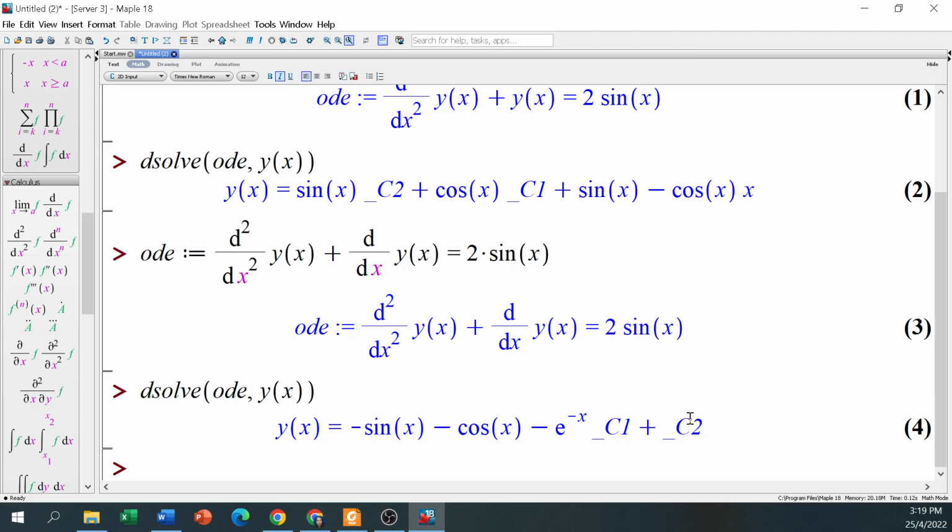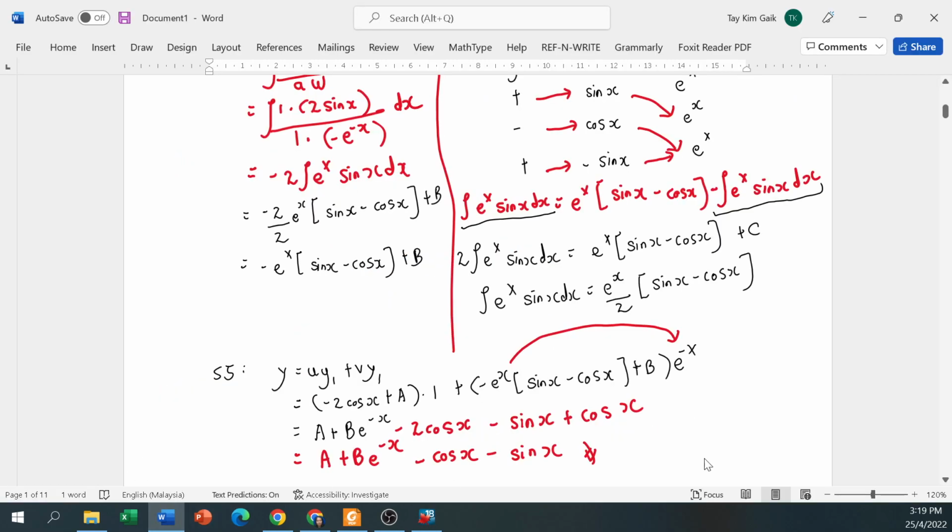So you see the solution, C2 is A, C1 is B. So you have A plus B e^(negative x), then minus sin x minus cos x. Is it correct? Minus sin x minus cos x.